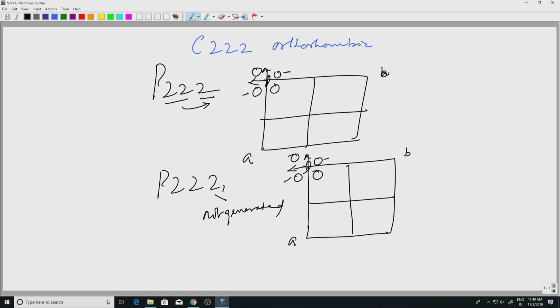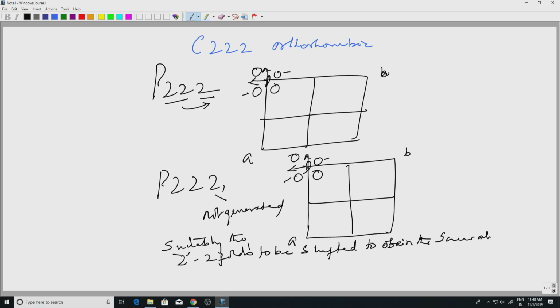So we have to shift it suitably. The two two-folds to be shifted to obtain the screw along the C axis.